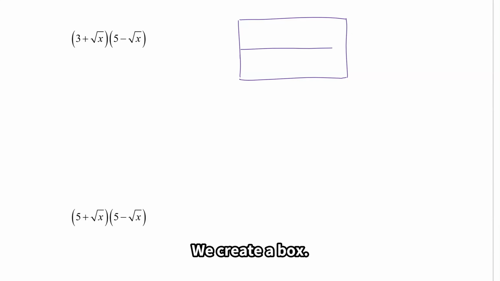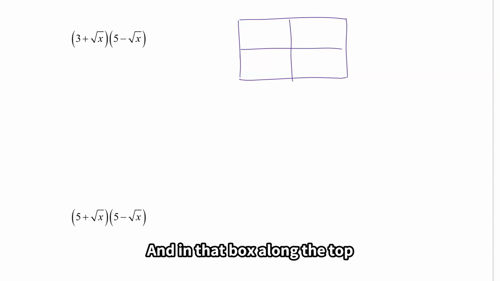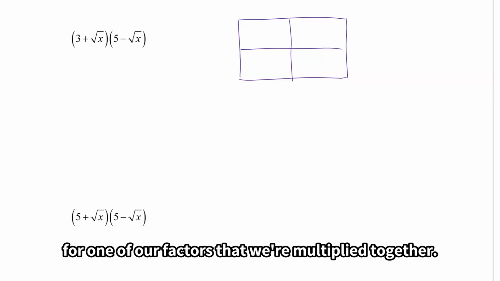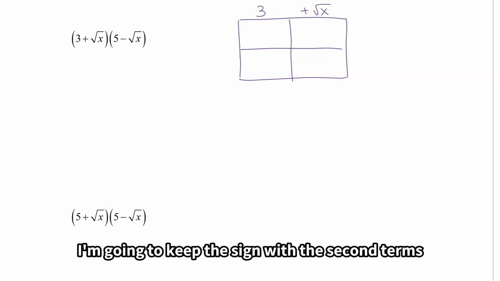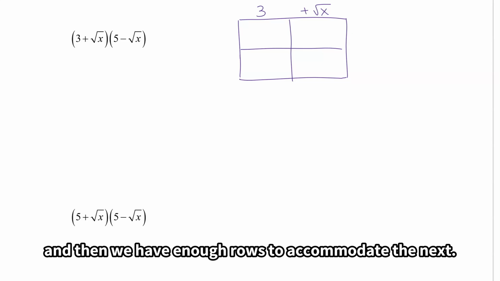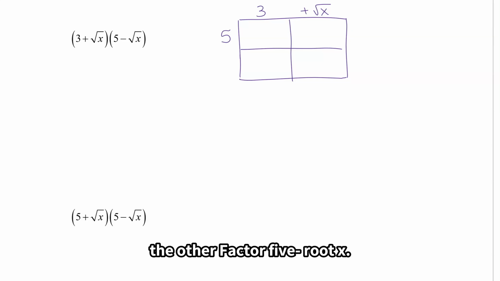We create a box, and in that box, along the top, we have enough columns for one of our factors that we're multiplying together. So if I take the first one, 3 plus square root x, I'm going to keep the sign with the second terms. And then we have enough rows to accommodate the other factor, 5 minus root x.